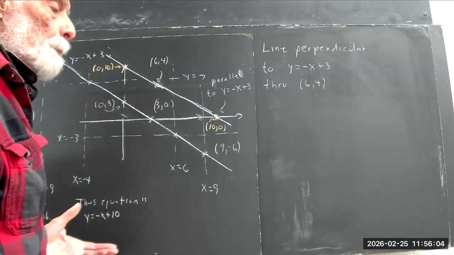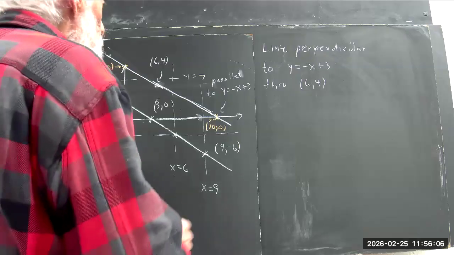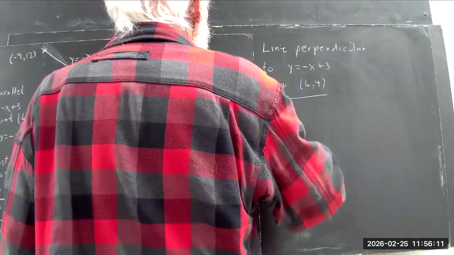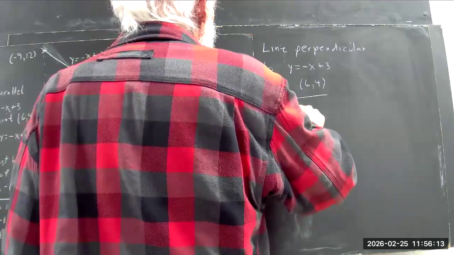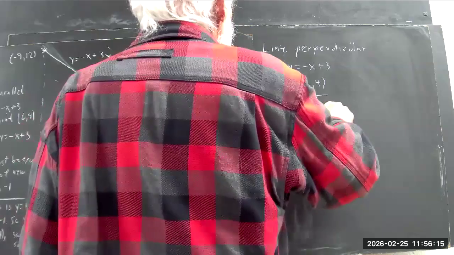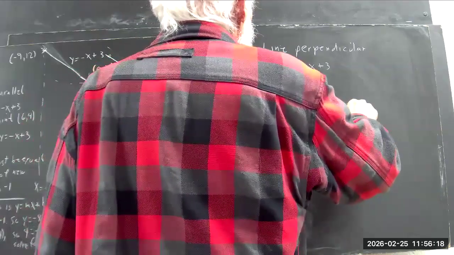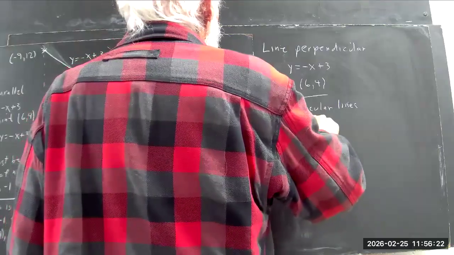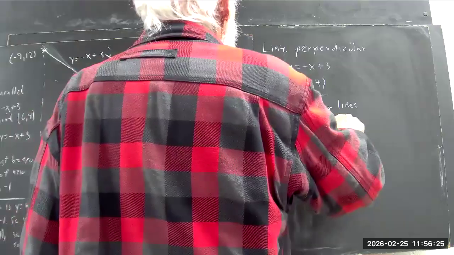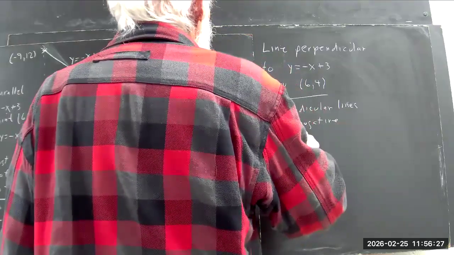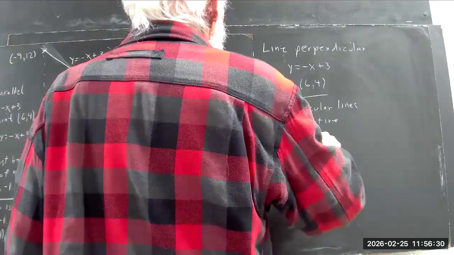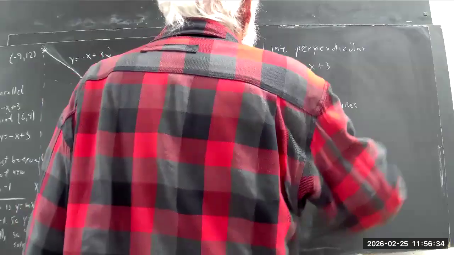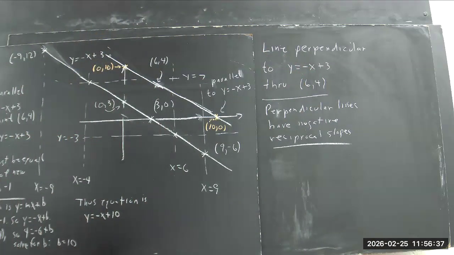Now, the thing you've got to know about perpendicular lines is that they have negative reciprocal slopes.